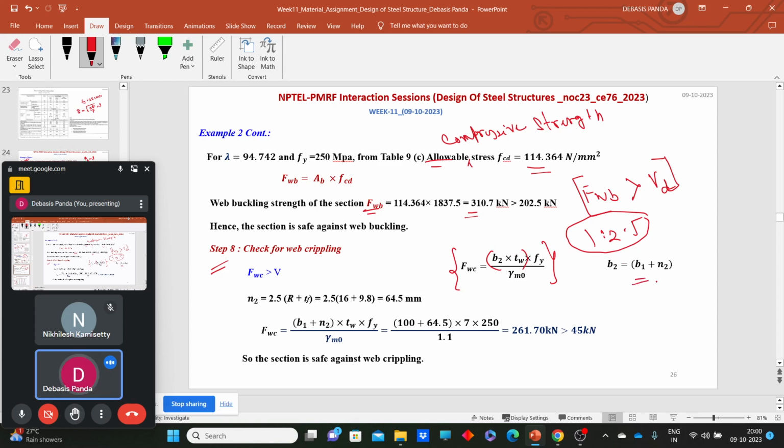B2 is nothing but B1 plus N2, and we can calculate N2 considering the 1 is to 2.5 load distribution. N2 is 2.5 times R1, the root radius, plus the thickness of the flange. So all the values are here, and we can calculate the B2 value.